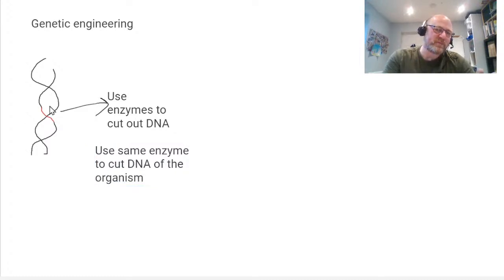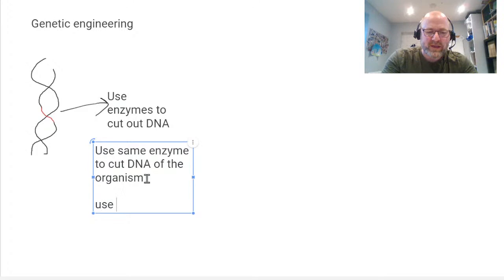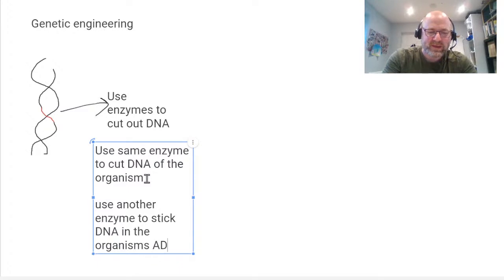So say I'm trying to insert this gene into a carrot, so I'll use the same enzyme to cut the DNA of the organism. And you use another enzyme. There's actually two enzymes used here. Use another enzyme to stick DNA in the organism's DNA.